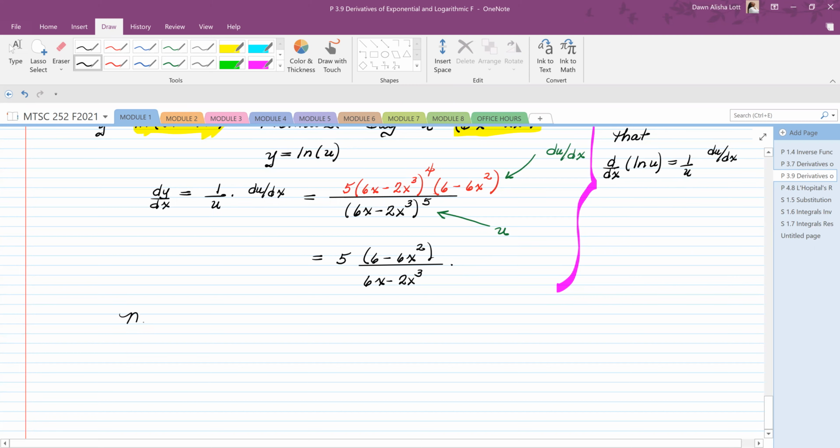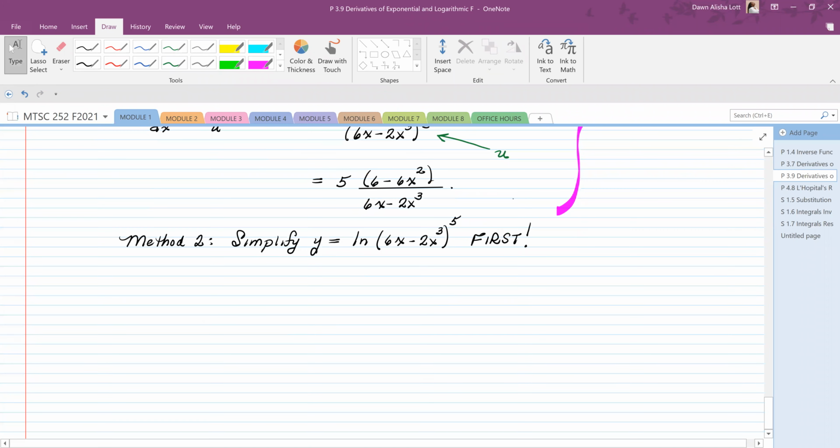So in method 2, we simplify y first. Okay, so in the second method, we simplify first.